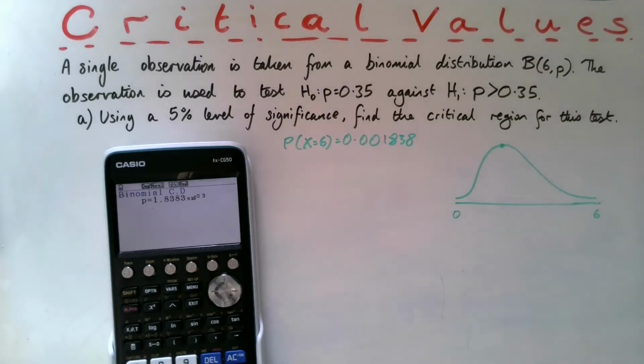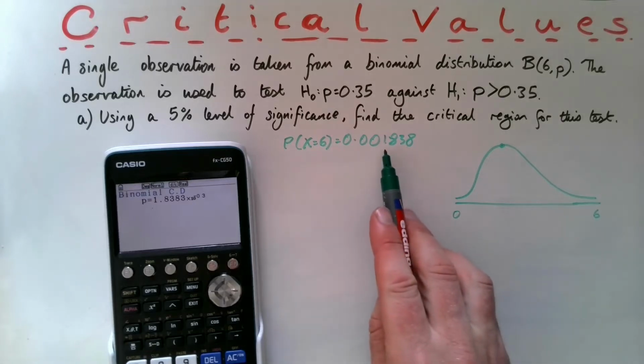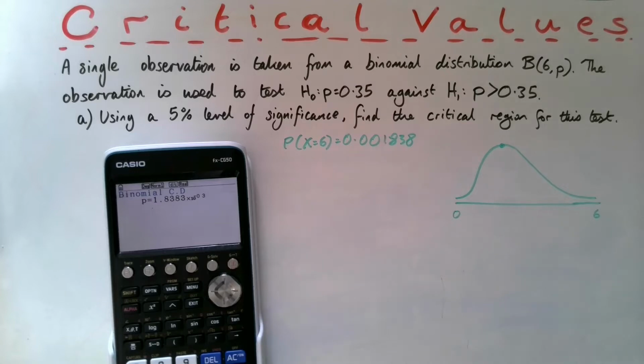So that's not very likely. That is just almost 0.2% chance of happening. It's not very likely to happen. A bit depressing actually. So that is all 6. So that's definitely going to be in the critical region. The critical region is going to be up here somewhere, and the amount that will just take in 5%.